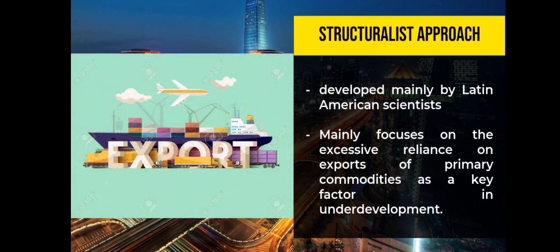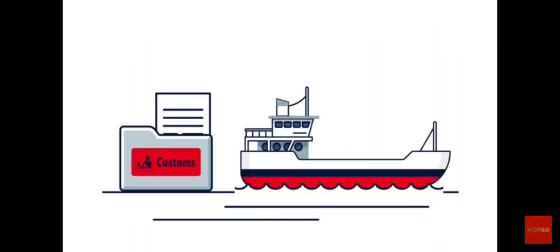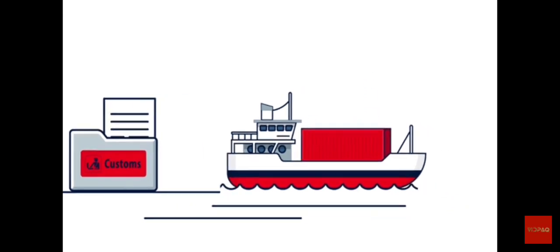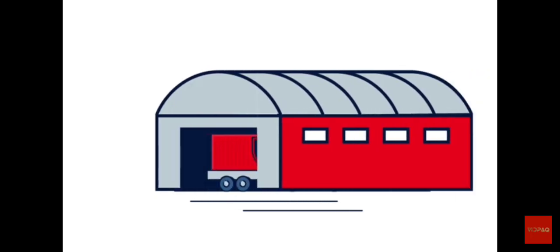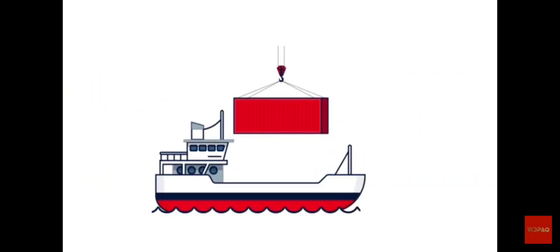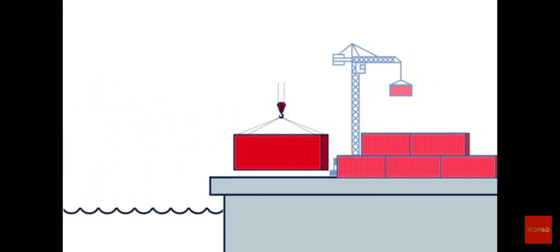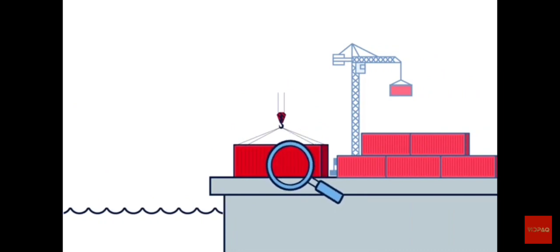On the other hand, the structuralist approach, developed mainly by Latin American scientists, focuses on the excessive reliance on exports of primary commodities as a key factor in underdevelopment. This approach highlights the importance of diversifying exports and accelerating industrialization through import substitution as strategies to achieve autonomous and self-sustaining development.